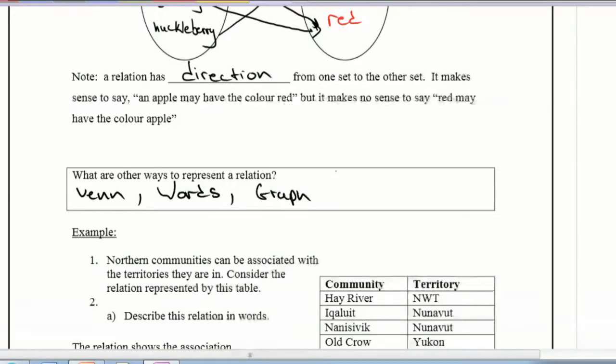That's a great way. Anything else? Venn diagram, Bell's got graph. One other way that we could do it would be an equation. So those are all really good ways to represent relations.